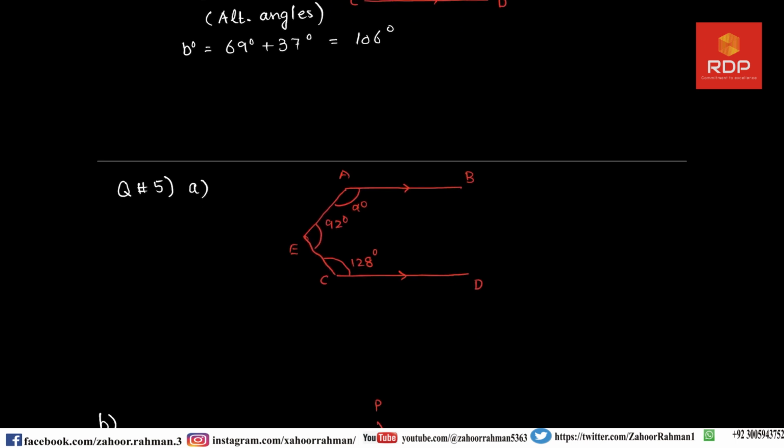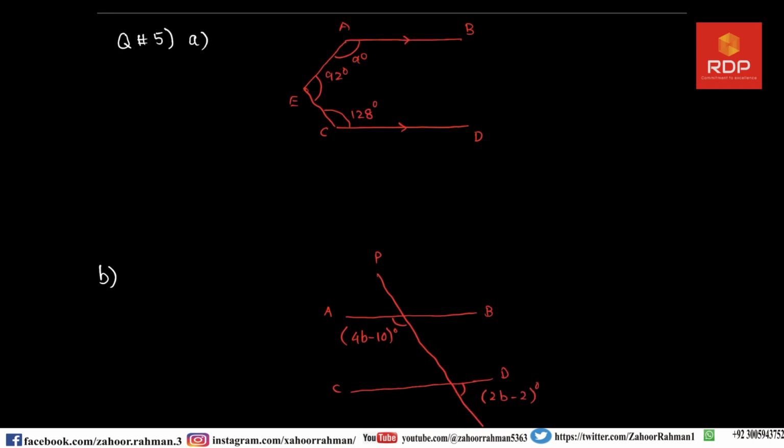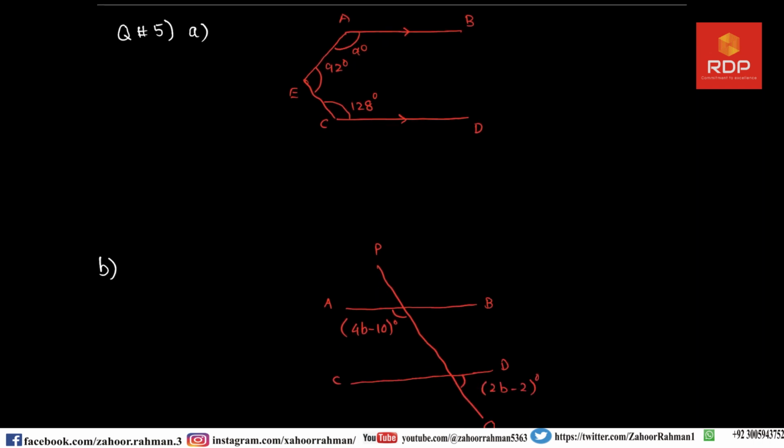Now I am coming towards question number 5, and question number 5 is saying that you have to find the value of the unknown, that is A degree, which is this one. So let us find it by giving it a closer look, and after that we have to apply the theorem.